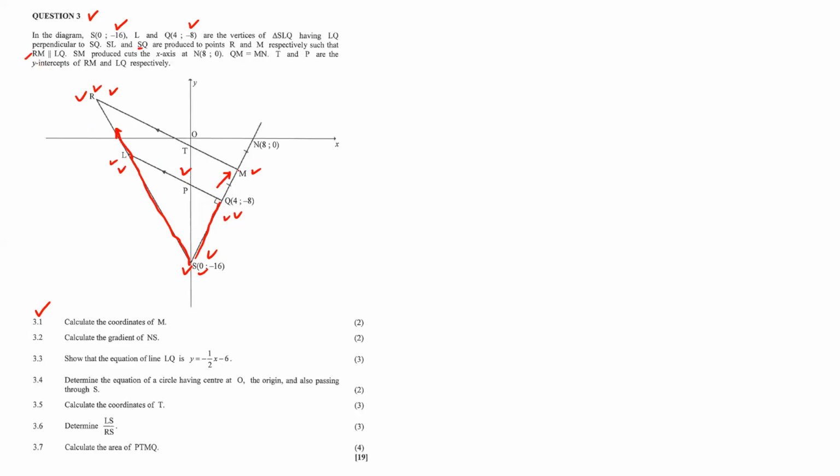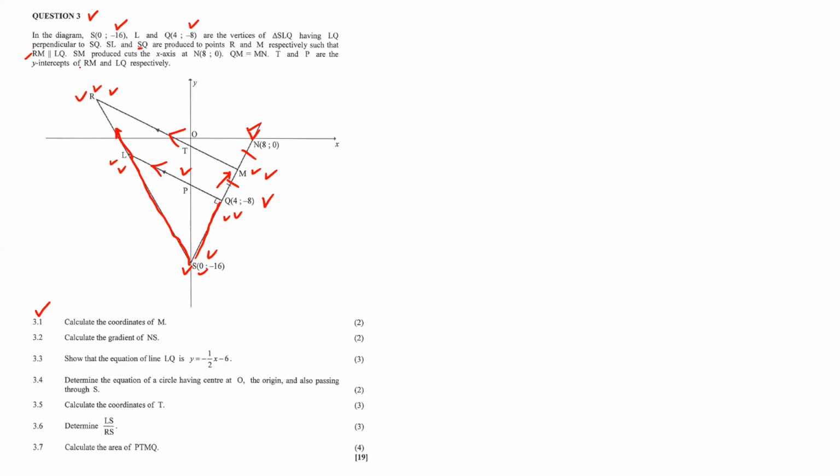Now, M produced cuts the x-axis at N. QM is equal to MN, and they are marked equal here.